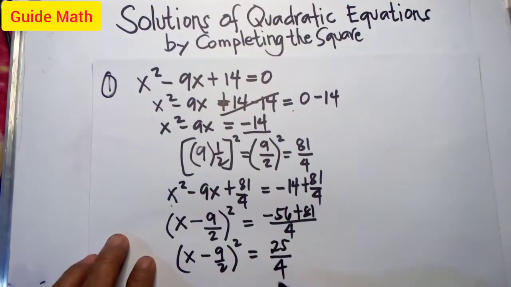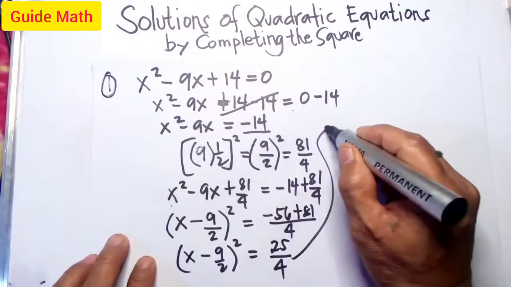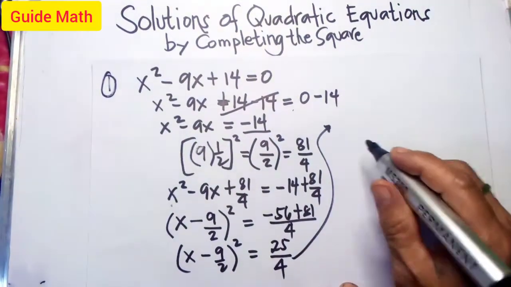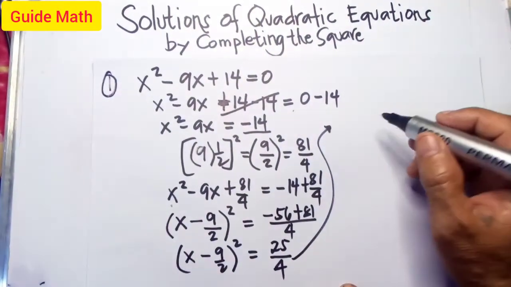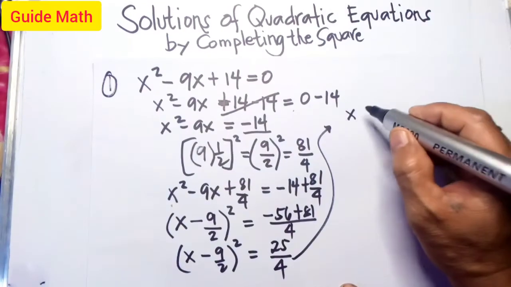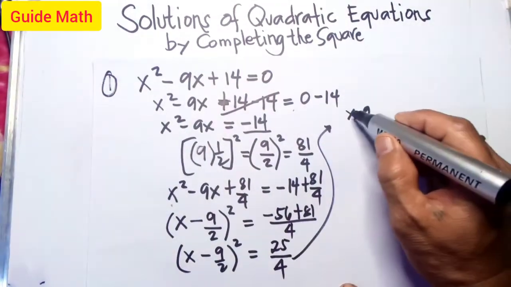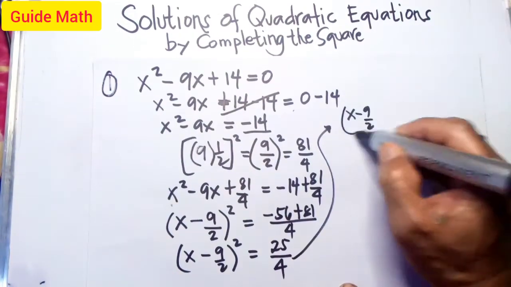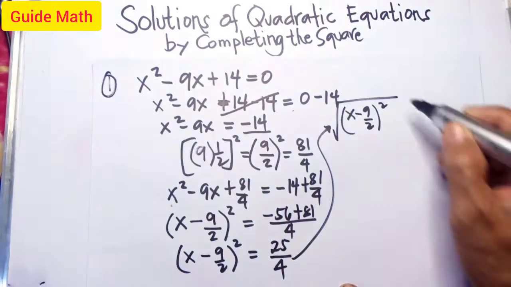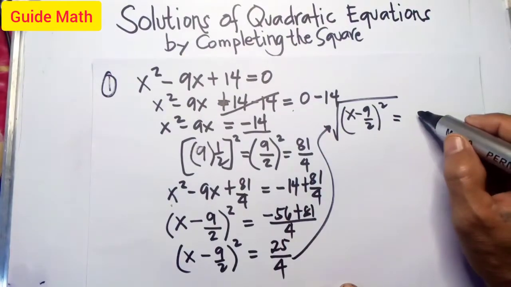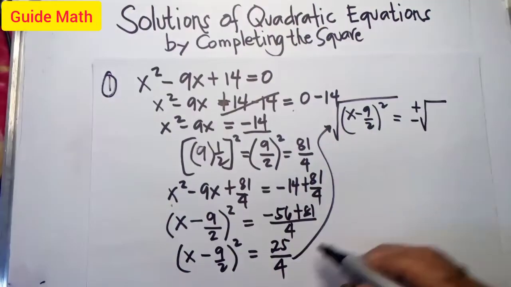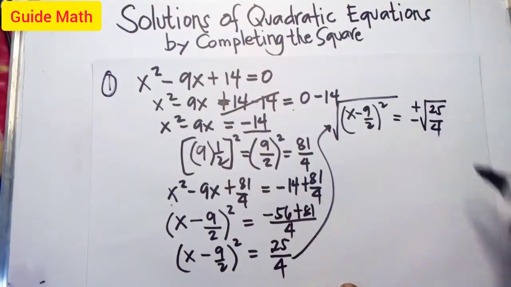Then we have to extract its square root. We have x minus 9 over 2, squared, is equal to plus or minus square root of 25 over 4.